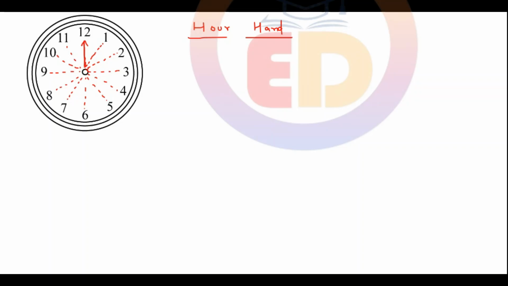So if the hour hand starts at 12 and again comes back to 12, 12 to 12, it means it has covered 12 hours. And when it will cover 12 hours, it will make one complete revolution.